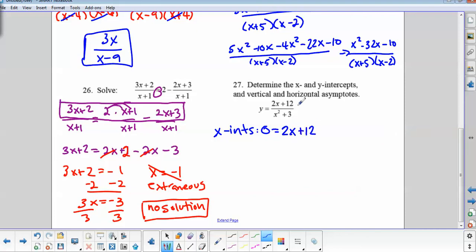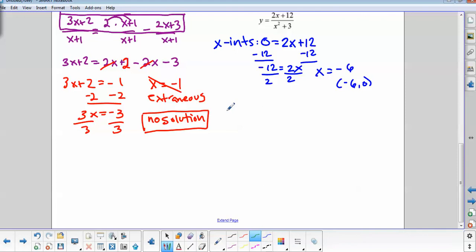So x-intercepts will make your numerator 0, because 0 divided by something else is still going to be 0. So we solve this, and we subtract the 12. Negative 12 equals 2x, and divide by 2. So our x-intercept is negative 6. Which as a point will be negative 6, 0.